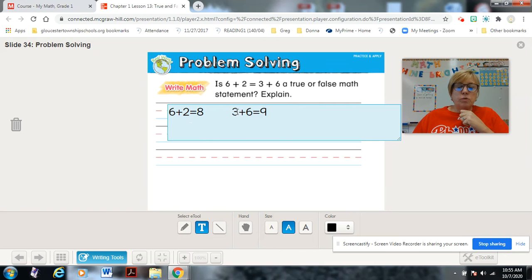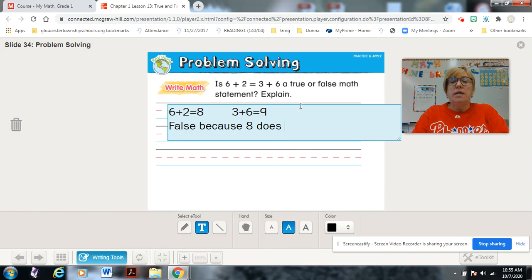Okay. So, does 6 plus 2 equal 3 plus 6? No. It's false, isn't it? False. Because 8 does not equal 9. Okay? Because when you figure out the answer, 6 plus 2 equals 8. 3 plus 6 equals 9. 8 doesn't equal 9.